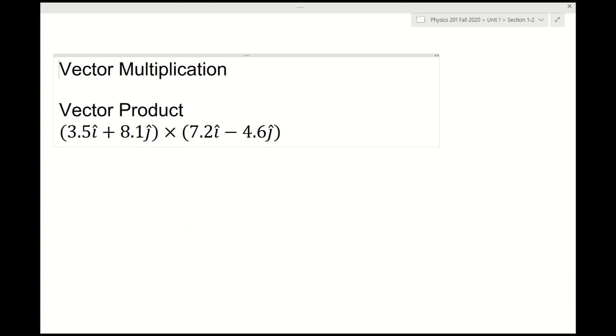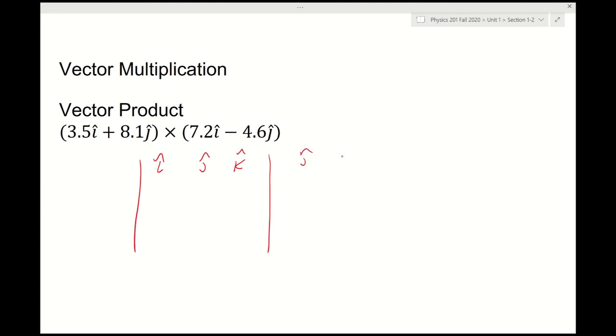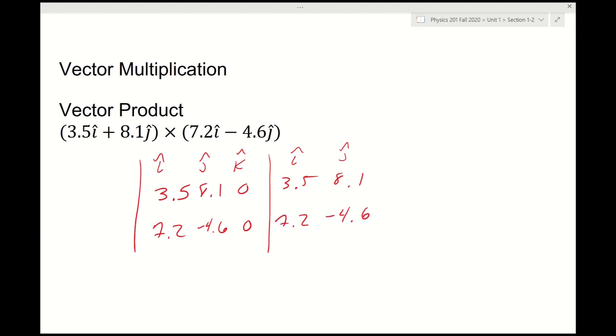So if you have a pair of vectors that look like this, I'm going to use that exact same method that I just showed you. i, j, k, i, j. 3.5, 8.1, 0, 3.5, 8.1, and 7.2, a negative 4.6, 0, 7.2, a negative 4.6.